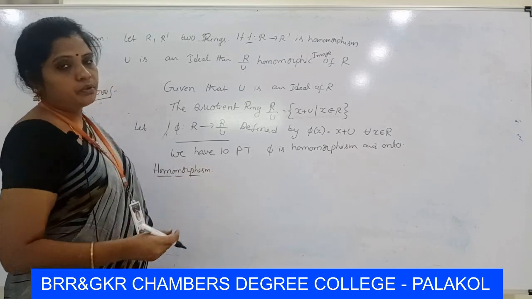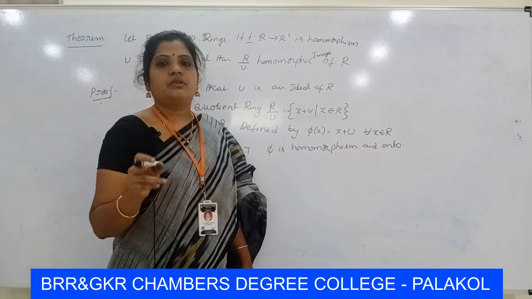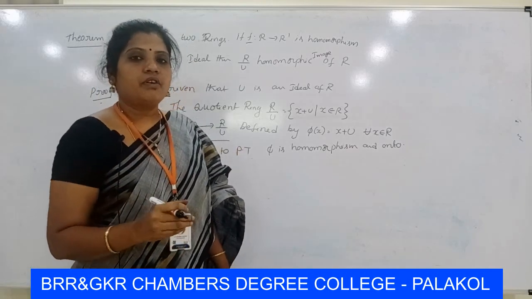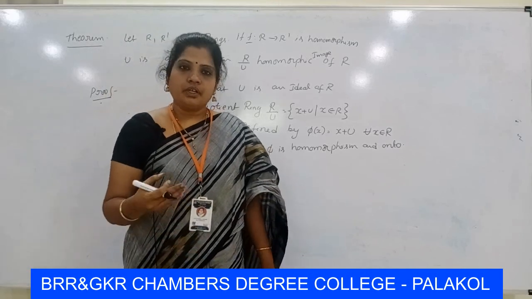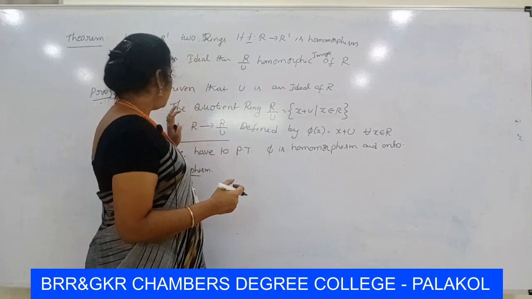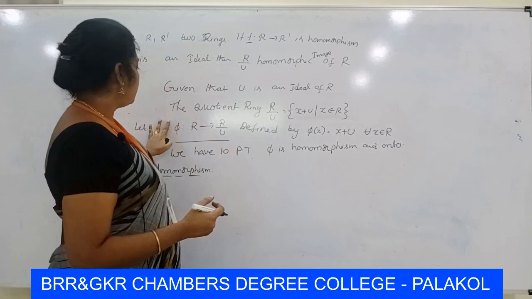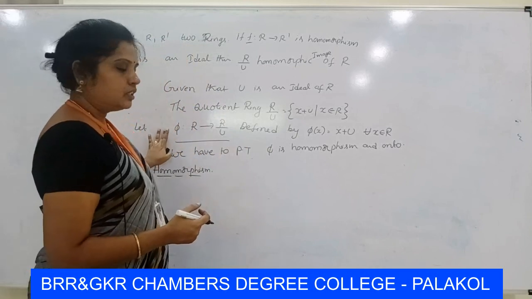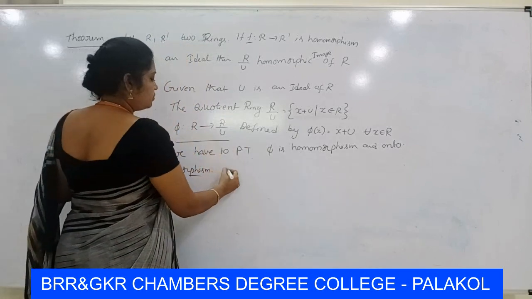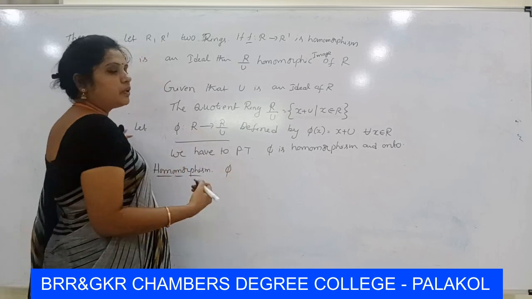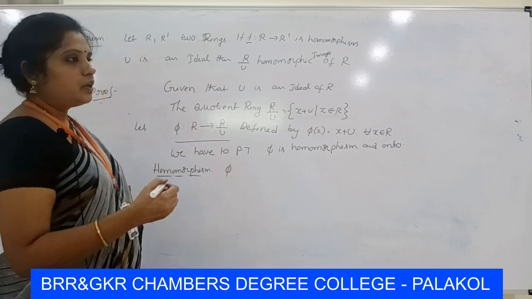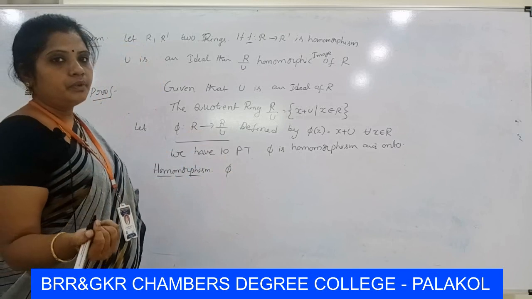If mapping f is a homomorphism, then f of a plus b is equal to f of a plus f of b, and f of a dot b is equal to f of a into f of b. So here we define the mapping pi. We have to prove pi of a plus b is equal to pi of a plus pi of b, and pi of ab is equal to pi of a into pi of b.